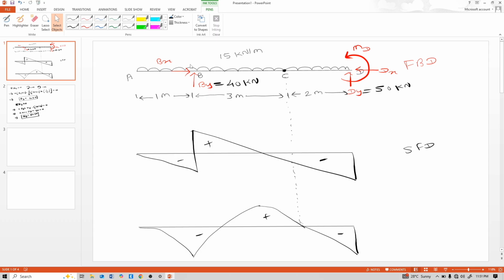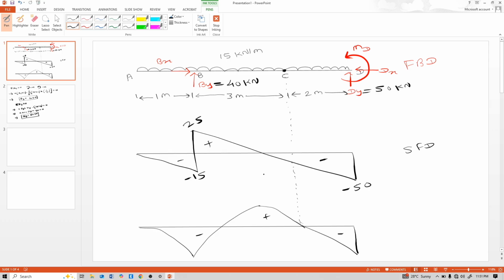See, this 15 kilonewton per meter acts on this 1 meter. So minus 15 into 1, that means here minus 15. This B_Y is upward positive, so minus 15 plus 40 is 25. Again, positive 25 minus 15 into 3 plus 2, 5 is minus 50 here.